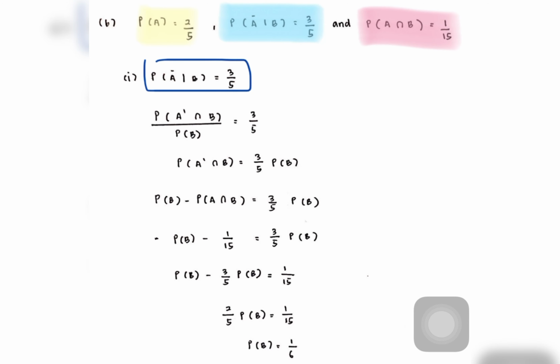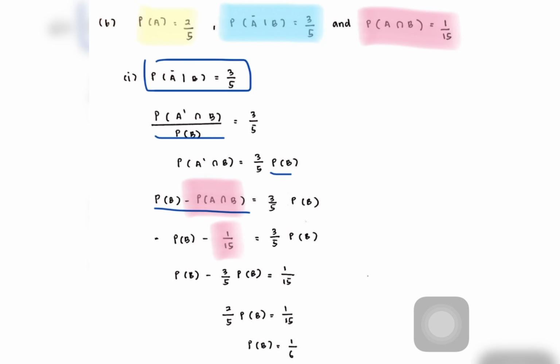The probability of A' given B is equal to the probability of A' intersect B over the probability of B. The probability of A' intersect B is equal to the probability of B minus the probability of A intersect B. Substitute the probability of A intersect B equal to 1 over 15.